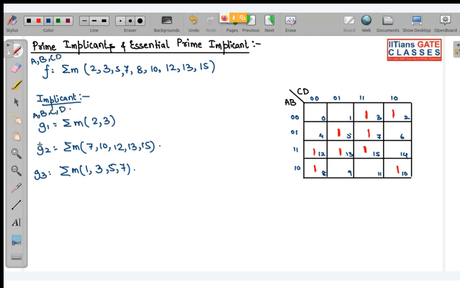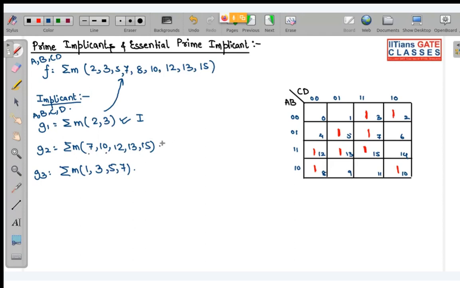Even g2, g3. Now you can see all the minterms of g1 are present in f. So this g1 is basically an implicant of f, or you can say a subgroup. Implicant means a subgroup of f. Similarly, if you check g2, it is 7, 10, 12, 13, 15.